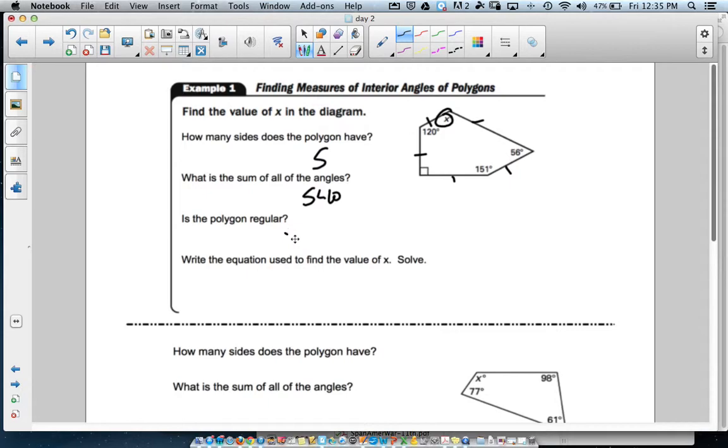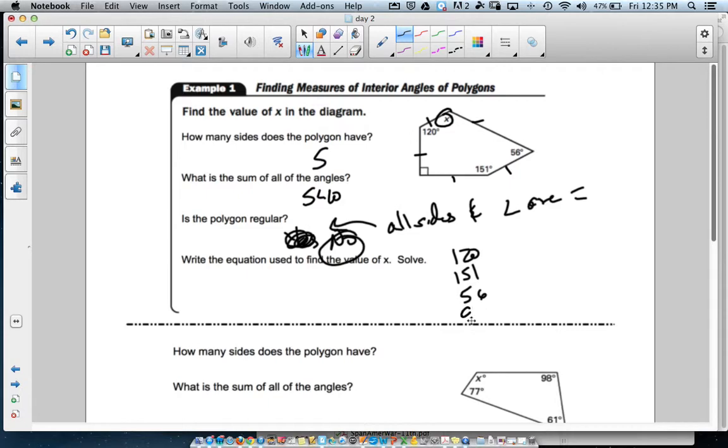Is this a regular polygon? Oh, excuse me, that is not a regular polygon. Remember, a regular polygon means all sides and angles are equal. Is that true here? No, they're not equal. Now, to find x, we take 120, 151, 56, and 90 and add those up.